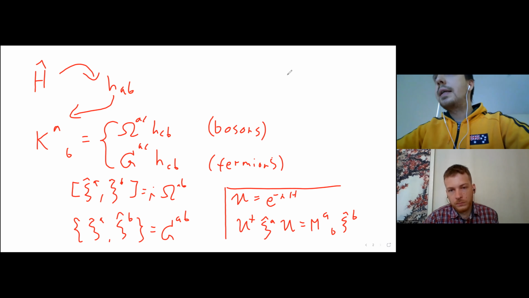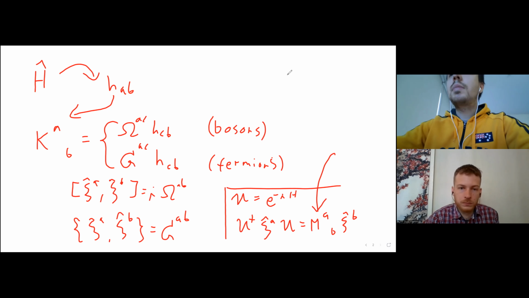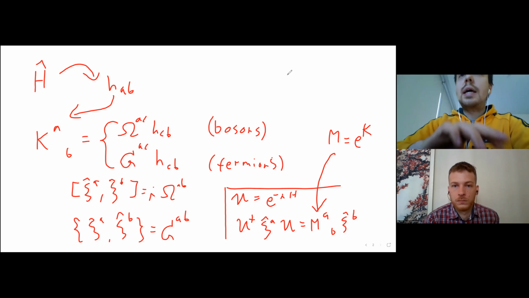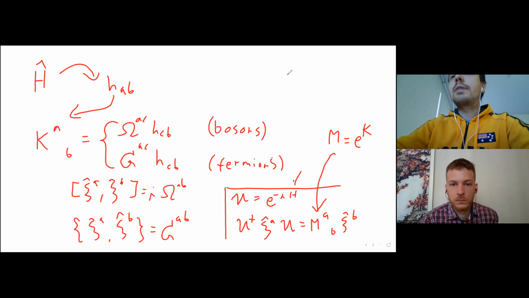We used the nice Baker-Campbell-Hausdorff formula, and this M turned out to be e to the K, where this K is the one constructed from the small letter h that we used as an input for this Hamiltonian.